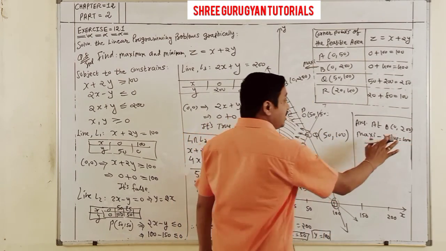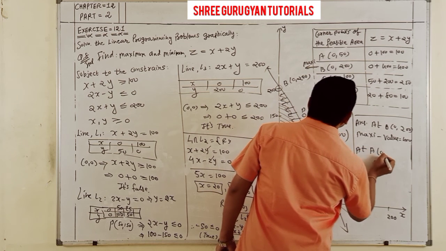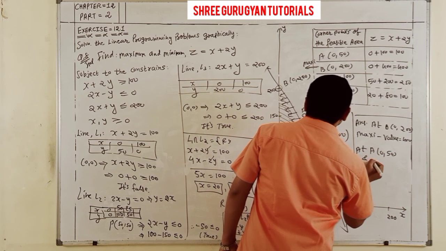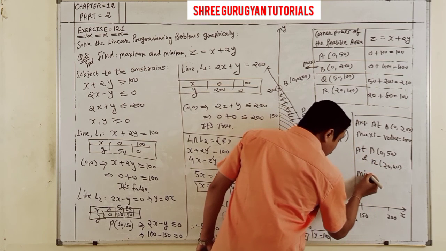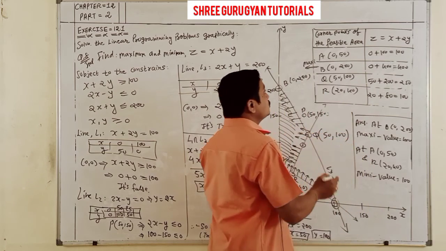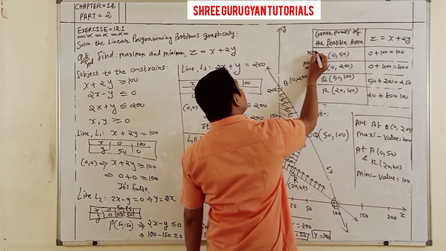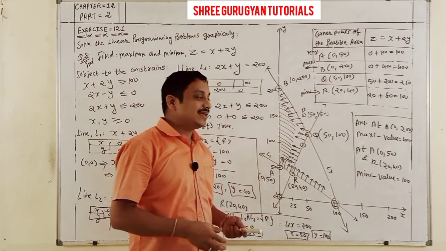And students, the minimum is at A 0 50 and secondly R 20 40, the minimum value is 100, because the two values placed here are minimum, and both answers, students, are easily done here.